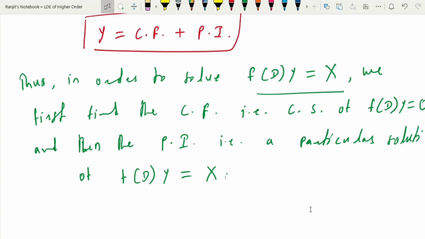In the upcoming lecture, we will discuss the method of finding the complementary function.